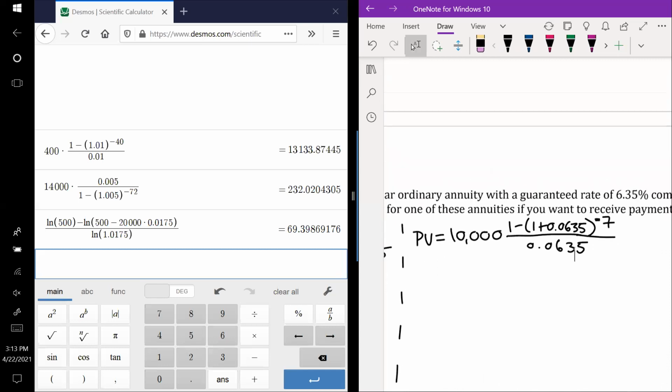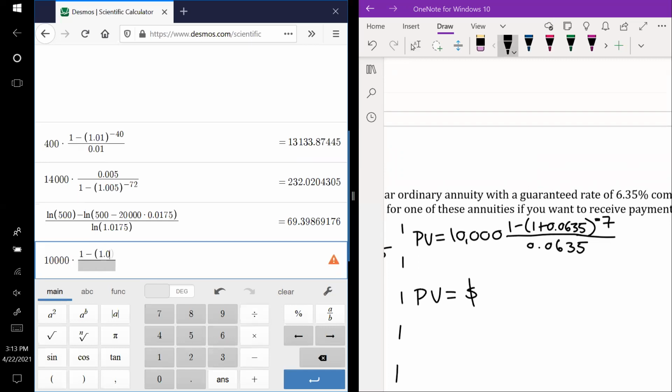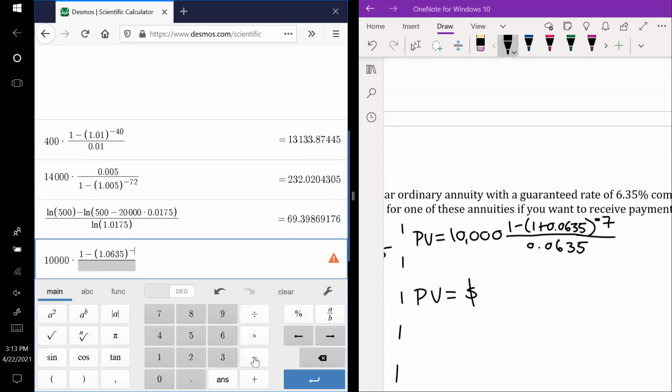All right, cool. And then for present value, we just have to type this in the calculator: 10,000 times 1 minus 1.0635 raised to the negative 7 all over 0.0635.